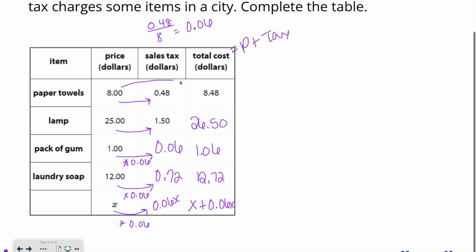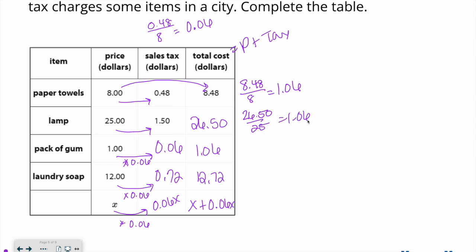Or if we look at, well, what happens if I multiply 8 by something to get $8.48? We end up with 1.06. And likewise, 26.50 divided by 25 is 1.06. 1 times 1.06 is 1.06. And 12 times 1.06 is $12.72.